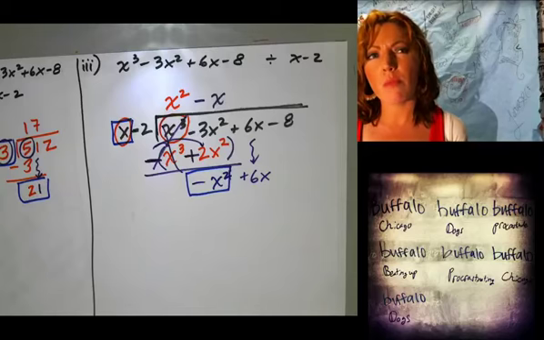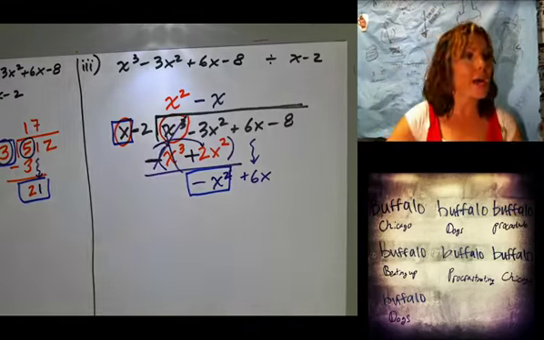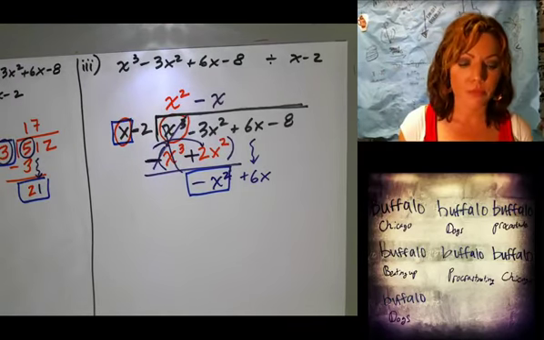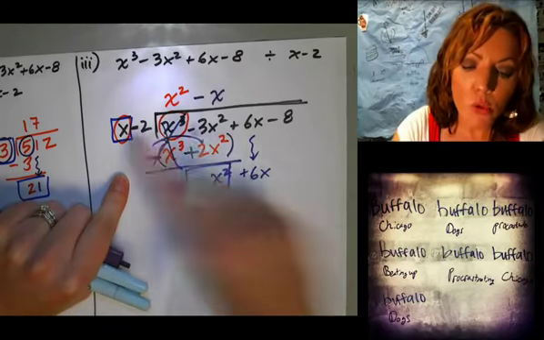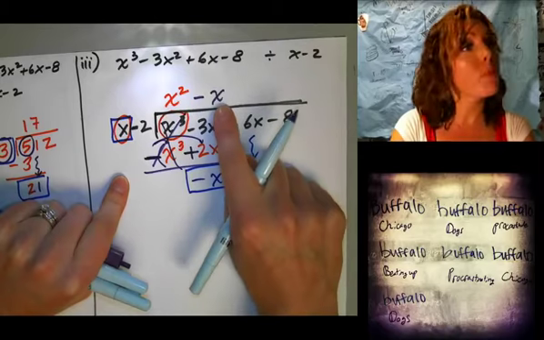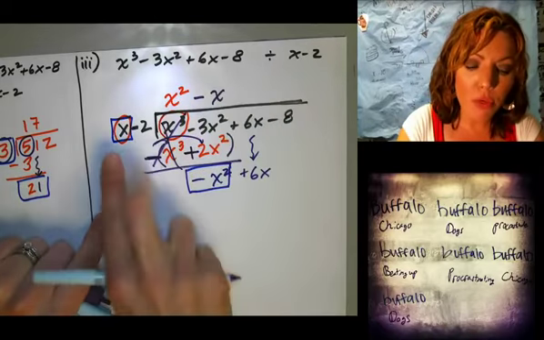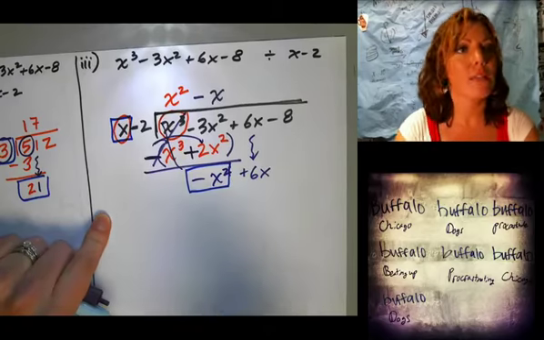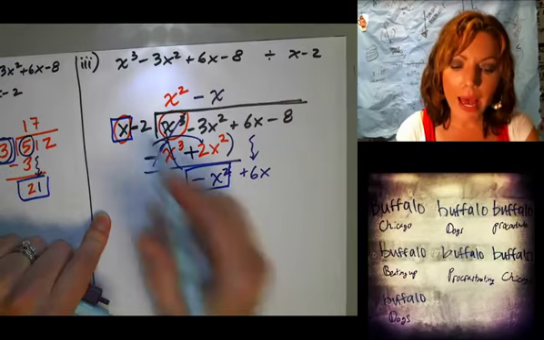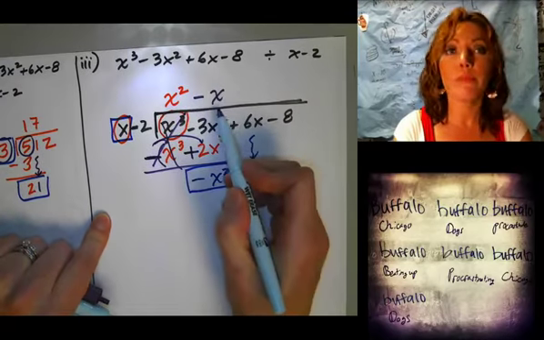Okay, does anybody remember what we do next? So it's just a pattern that repeats itself. Now that we have a new term up here, we want to multiply both of these by this term to get 2 things to subtract down there. So x times negative x is what again?